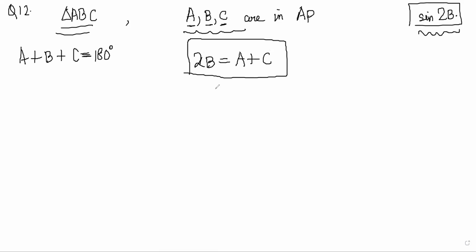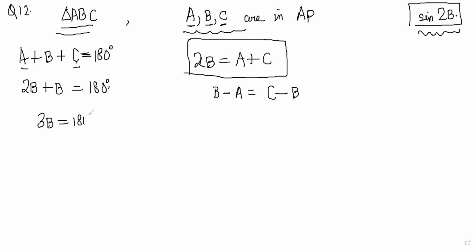Yes, because the common difference multiplies. Because B minus A should be C minus B, right? That's why 2B is equal to A plus C. Then in A plus B plus C, I can replace A plus C with 2B, right? 2B plus B, this will become. So 3B is equal to 180, no? So B is 60 degree.